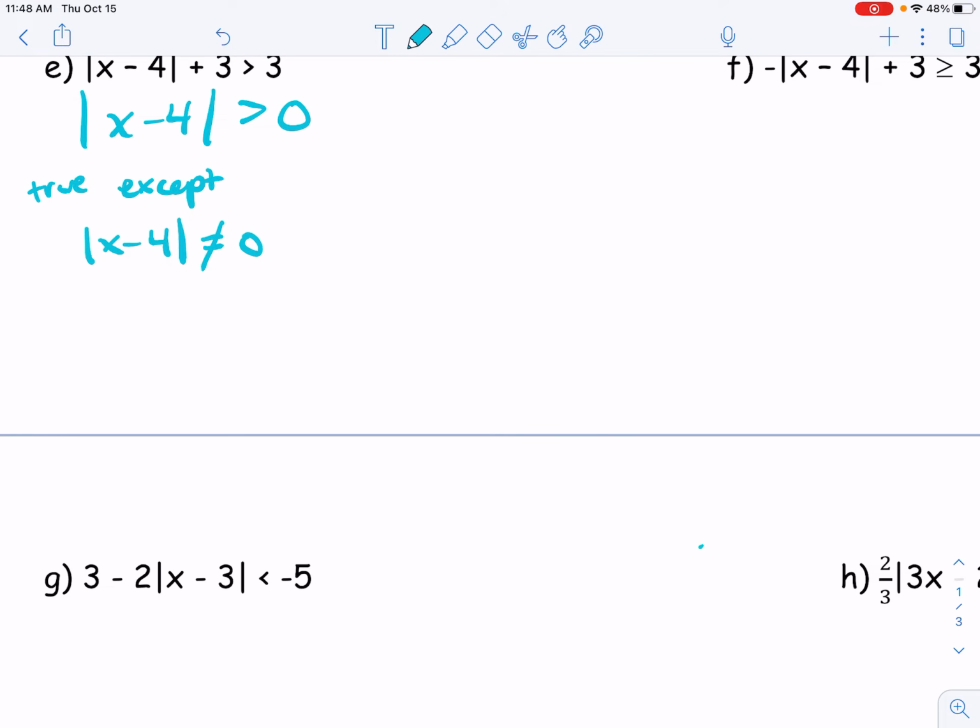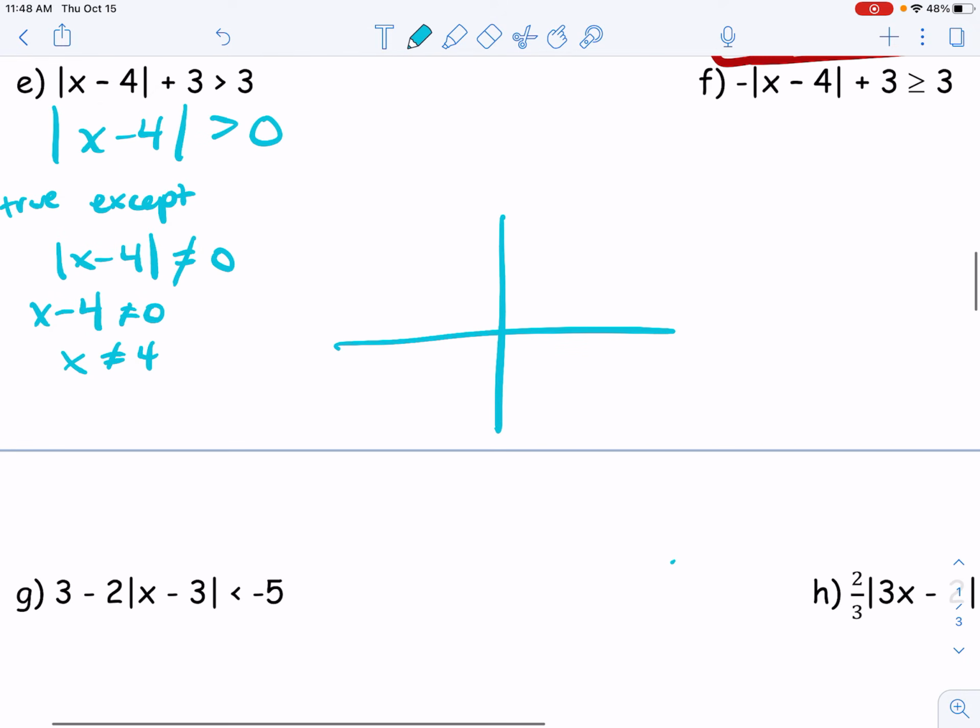So if we said this where it's not equal to 0, then that means I have x minus 4 not equal to 0. So that means x can't be 4. Because when x is 4, my graph is not greater than 0 because it's equal to 0. Think about graphing this problem. Absolute value of x minus 4 is an absolute value that's been shifted to the right 4 units.